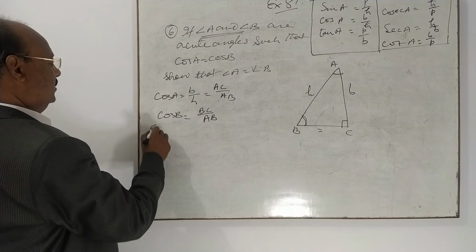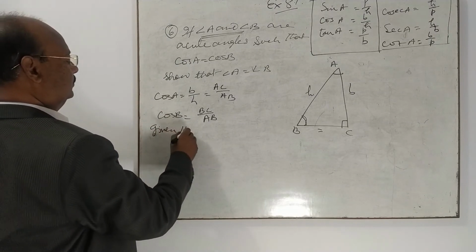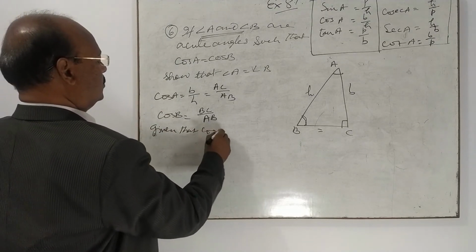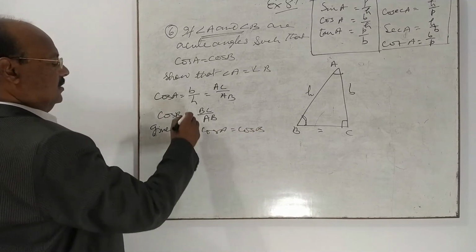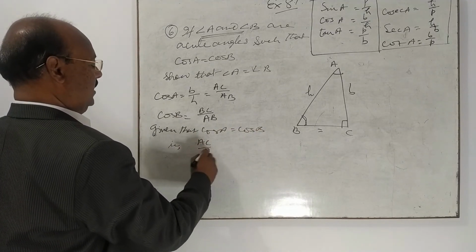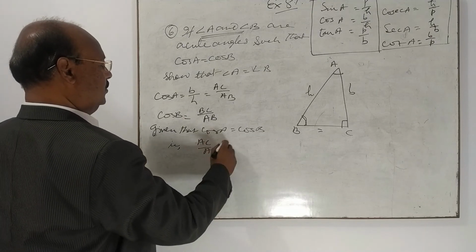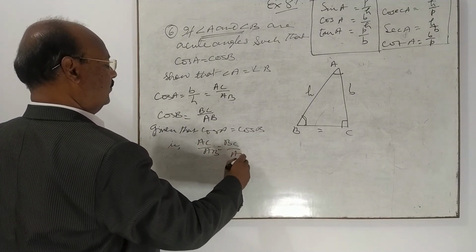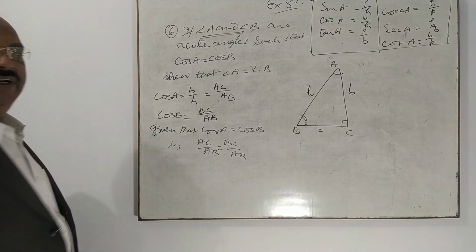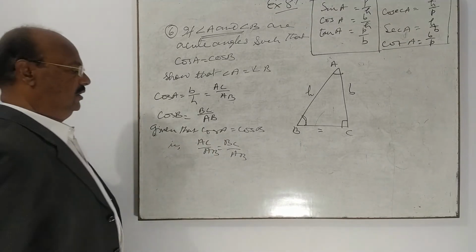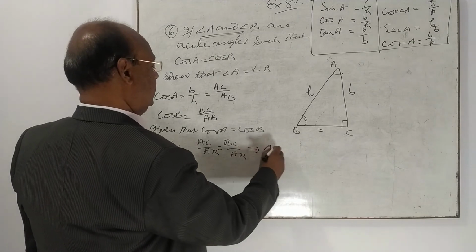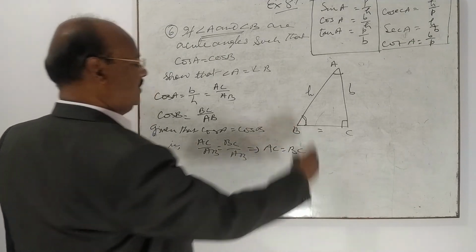Here we have been given that cos of A is equal to cos of B. That is AC by AB is equal to BC by AB. Here the denominators are the same, so definitely the numerators will be equal. So this implies that AC is equal to BC.